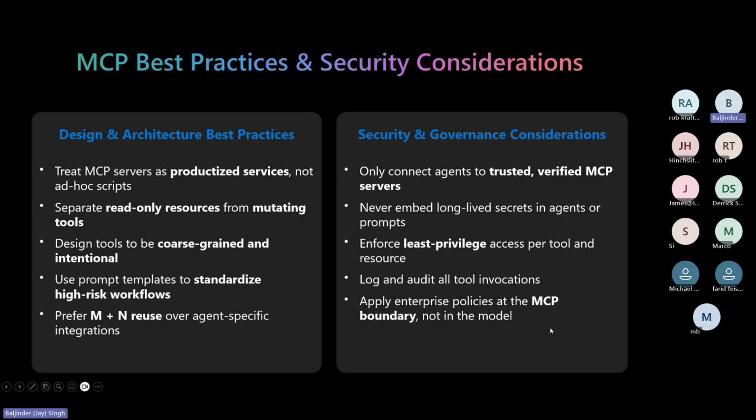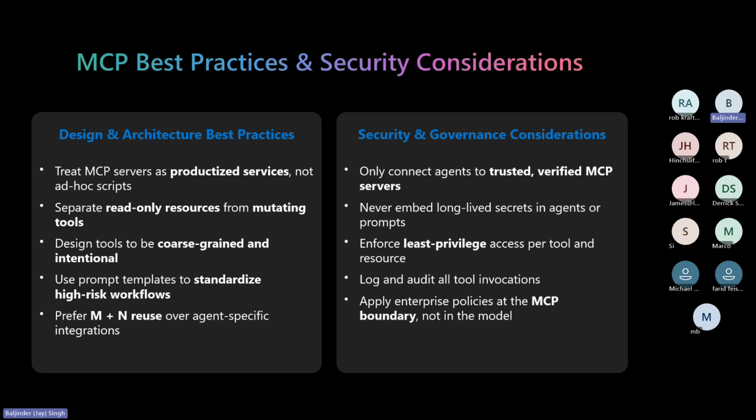Security and governance considerations on the right, these are pretty self-explanatory, but I'll emphasize the last one here, which is enterprise policies belong at the MCP boundary, not in the model. So that's a key thing to keep in mind, that all enterprise policies should be at the MCP boundary.